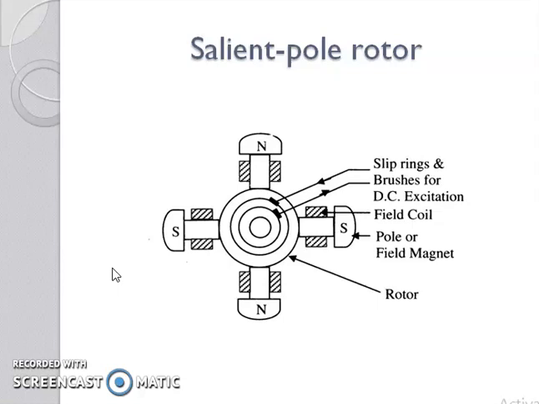So as a whole, as far as construction is concerned, there are two types of rotors: the salient pole rotor and the non-salient pole rotor. Based on the application, they will select the type of rotor while manufacturing the three-phase synchronous generator. In the next video lecture, we'll talk about the EMF equation of the synchronous generator.